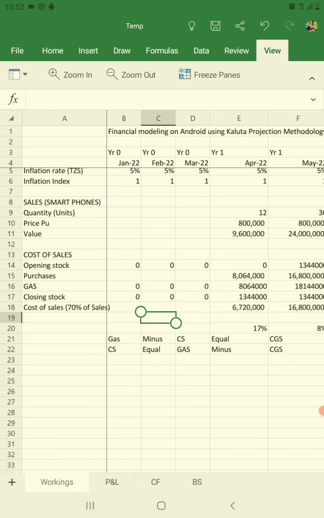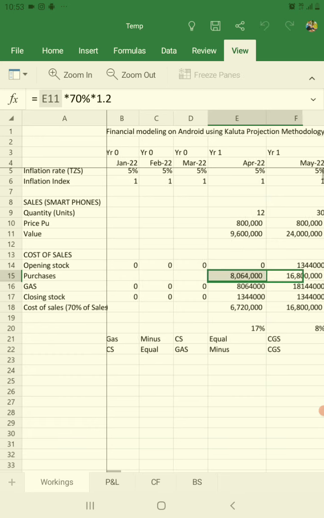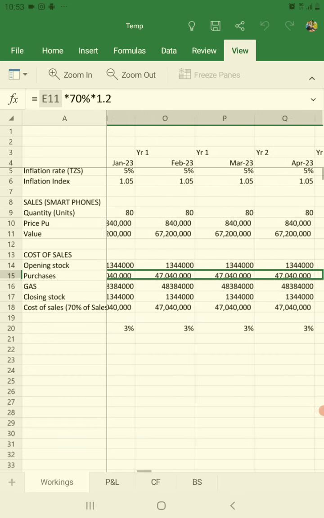Now my intention is to have a 20% markup on my expected purchases during the month, as I did it here. 70% I multiplied by 1.2. So this one I'm going to fill it because it is going to be true throughout the projection period.